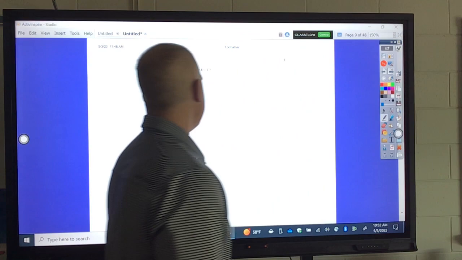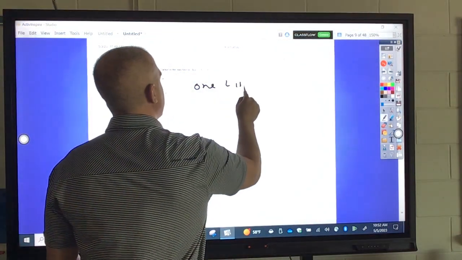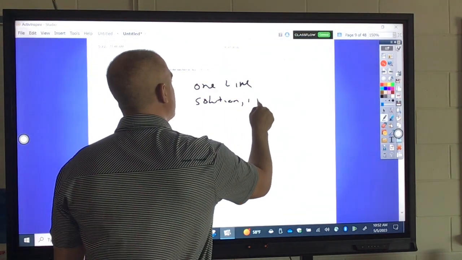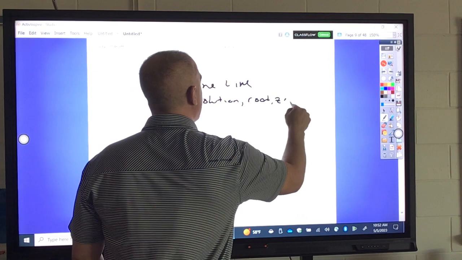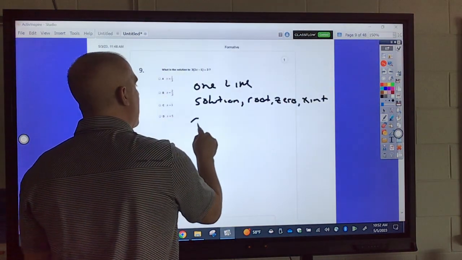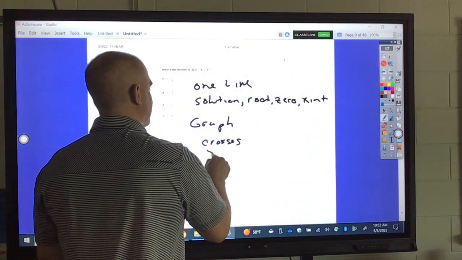Now, here are the next ones. One line, and they ask you for a solution, or a root, or a 0, or an x-intercept. You just got to graph and find where it crosses the x-axis.